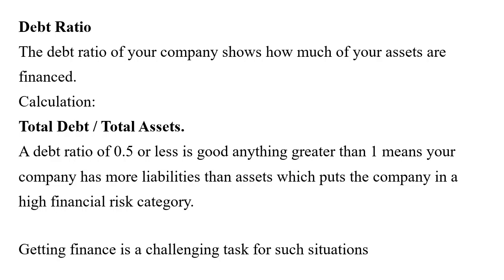Anything greater than 1 means your company has more liabilities than assets, which puts the company in a high financial risk category. Getting finance is a challenging task in such a situation.